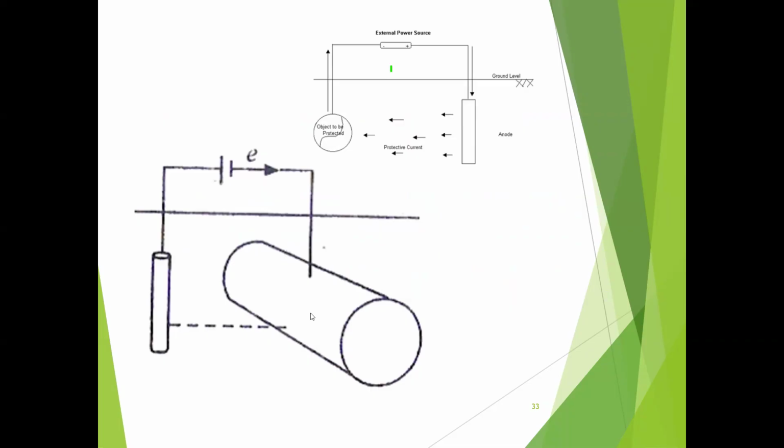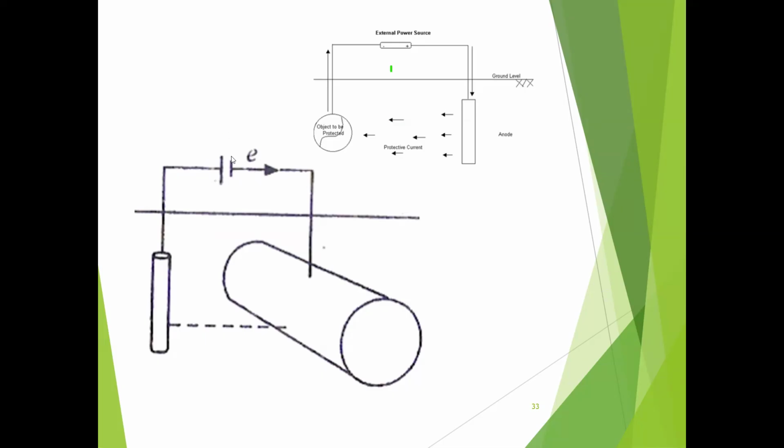That means it is converted to act as a cathode. This is the inert backfill, and it is made of coke or magnesium.